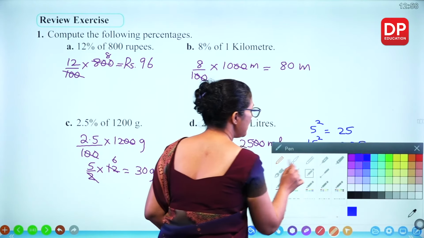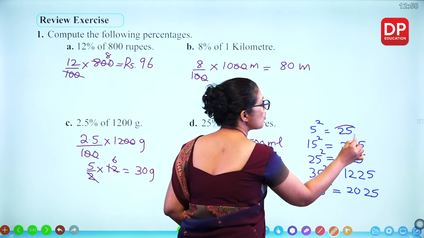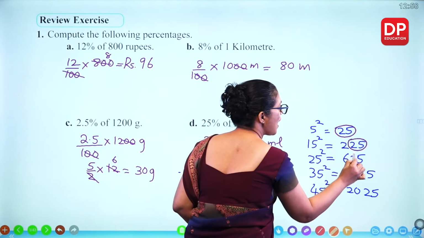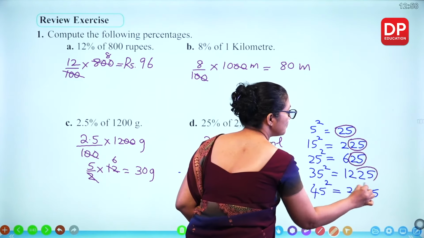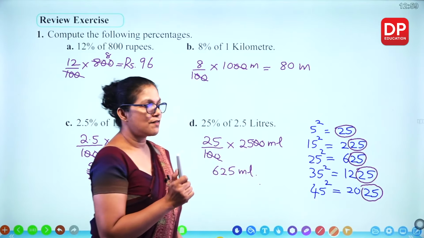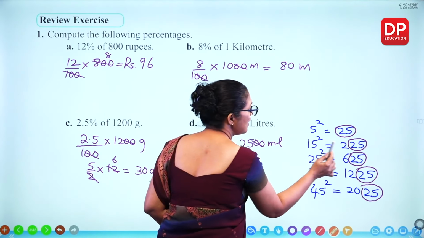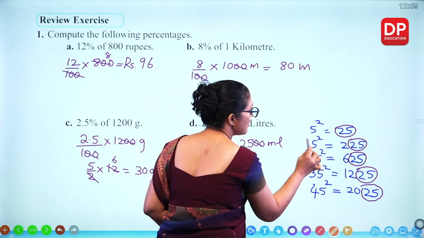So what's the pattern here? Look carefully. 5 squared is 25. So you always get 25 for the last part when you have 5s there. So what happens to the previous number? Here, this is 1.